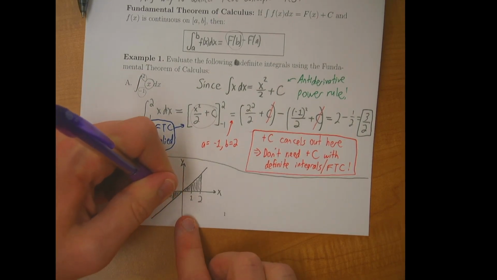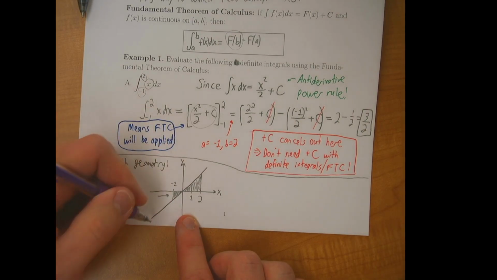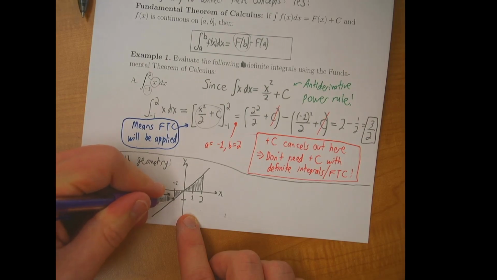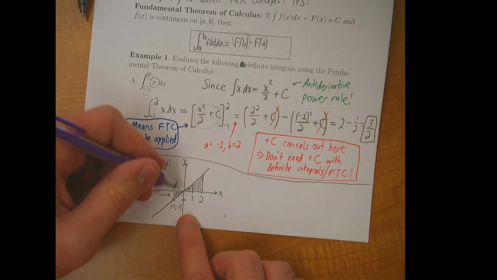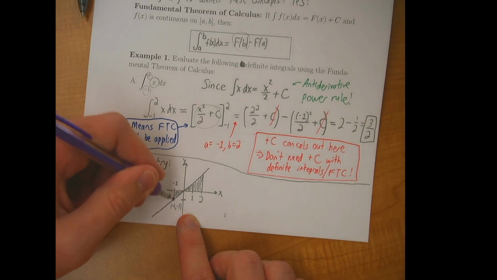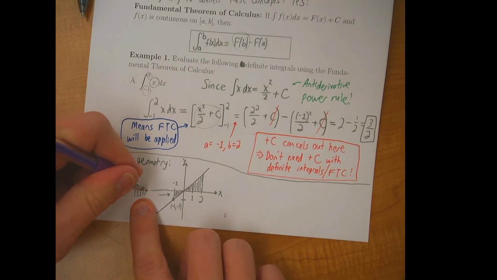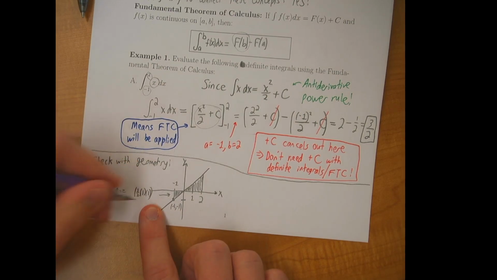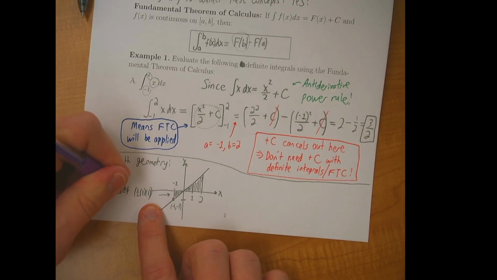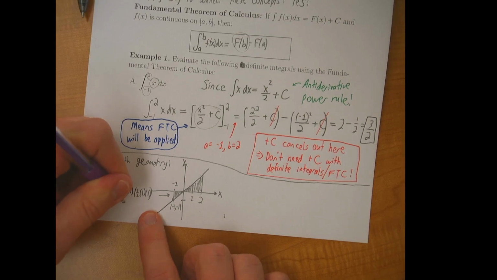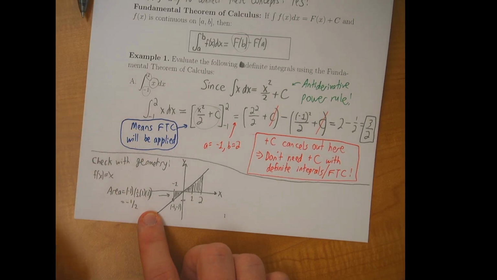Because remember, because this is f of x equals x, that means that this point here is at -1 comma -1. So we have width 1 and then height 1. So we have 1/2 times the base, which is 1, times the height, which is again 1. But then because we're below the x-axis, we have to multiply that by -1. So we have -1/2 here. Okay?